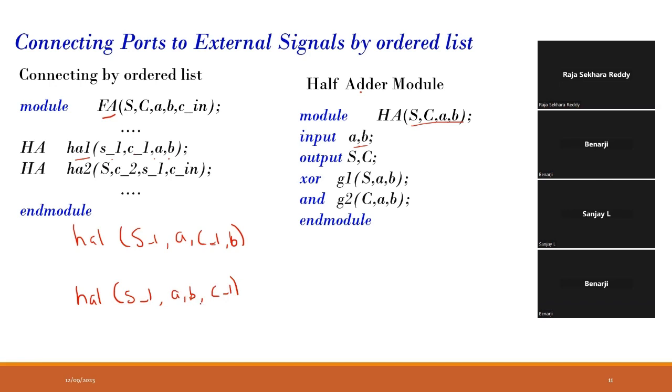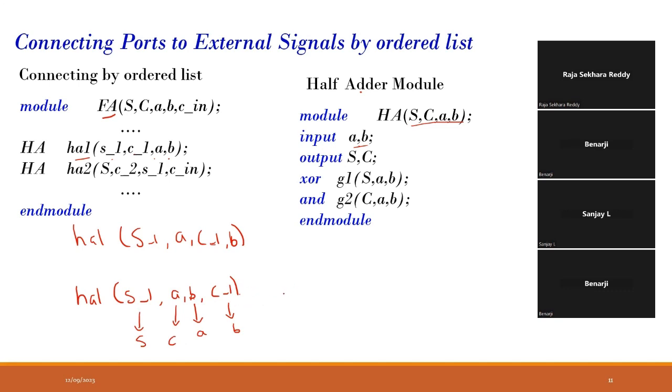It will give the wrong result. Because to variable B and variable C_1, it will treat them inside this code: this will be assigned to A and this will be assigned to B, and this A will be assigned to C and this will be assigned to S. So if we do that, our code will give us the wrong output.